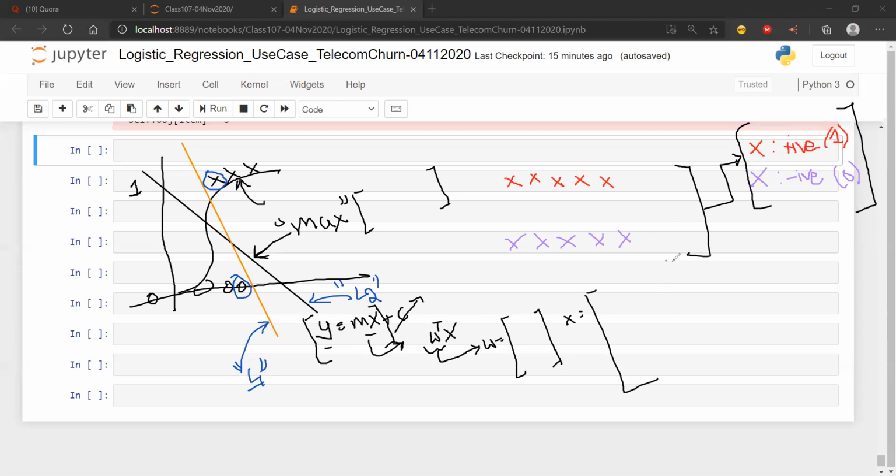So x are my feature columns c1, c2, c3 until cn. Let's say I have n features in the data, and my target is obviously 1 or 0, and w are the weights. And we have already said that w are the weights that we are going to find out.